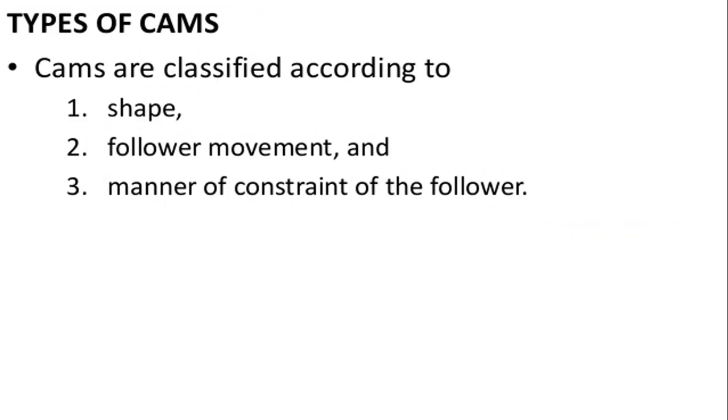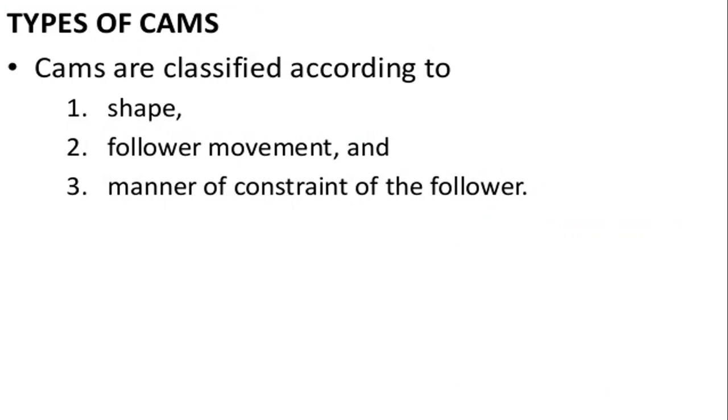So these are basically three types. Cams are classified according to, first, the shape, second, the follower movement, and third, the manner of constraint of the follower.